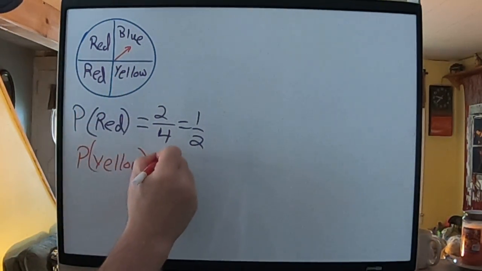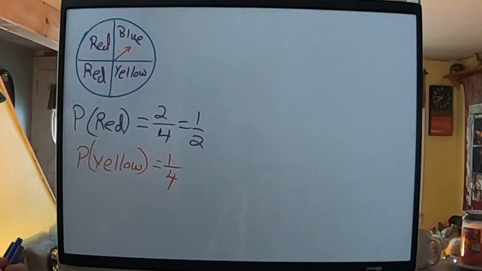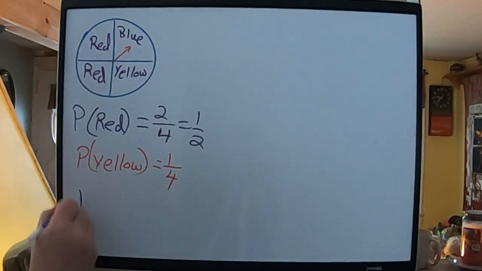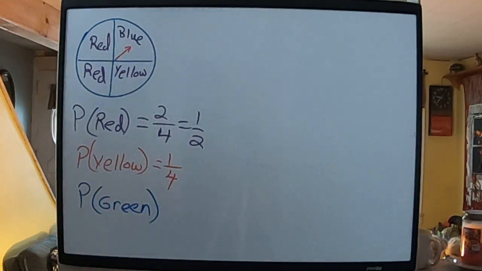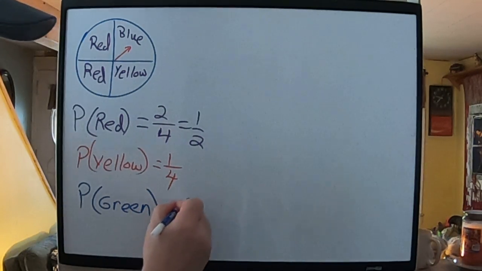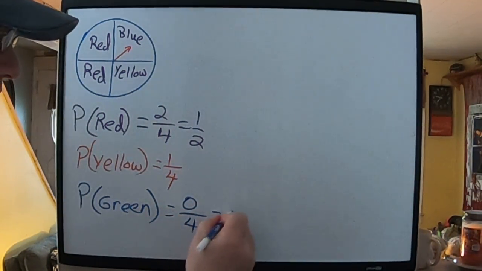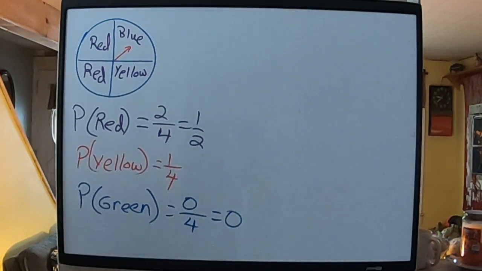Well, there's only 1 yellow space out of 4 possible, so 1/4. What is the probability of green? Now, you say, wait a minute, there's no green up there. Absolutely right. So there's 0 out of 4, or 0 chance that that's going to happen.